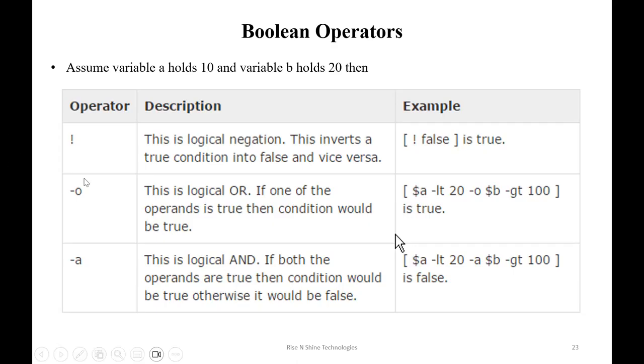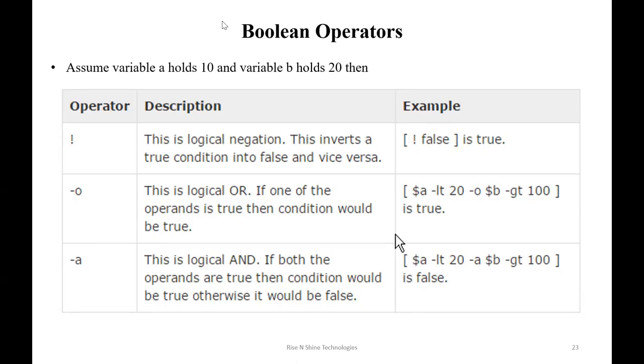And another operator which we have is -o and -a. These are the logical or and logical and. But what about these logical and logical or operators? This is something we should know.